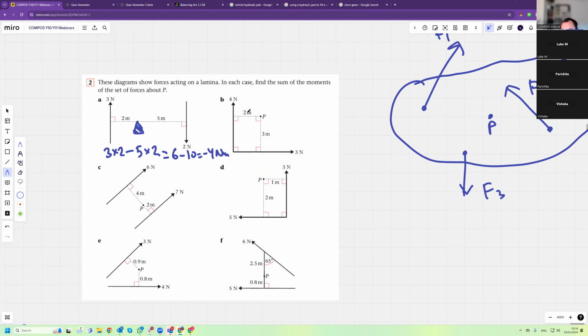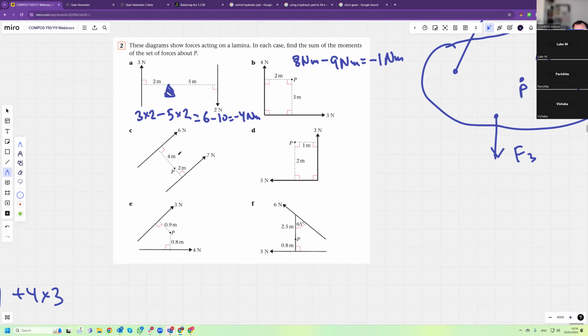Here we have 4 times 2, which is 8. So 8 Newton meters minus 9 Newton meters, which is minus 1 Newton meter. Here we have 6 times 4, 24, minus 2 times 7, 14, which is 10 Newton meters.